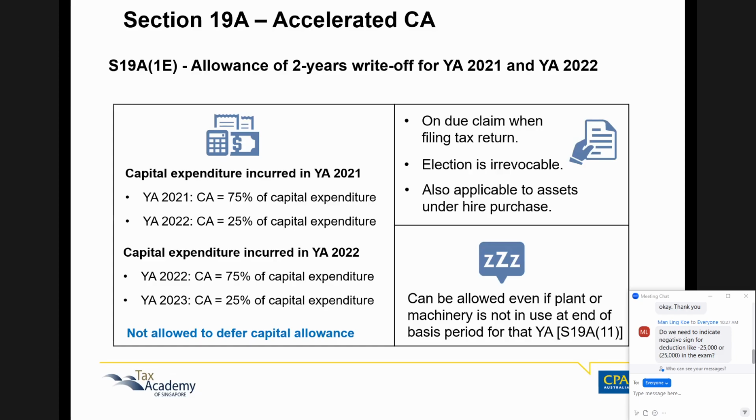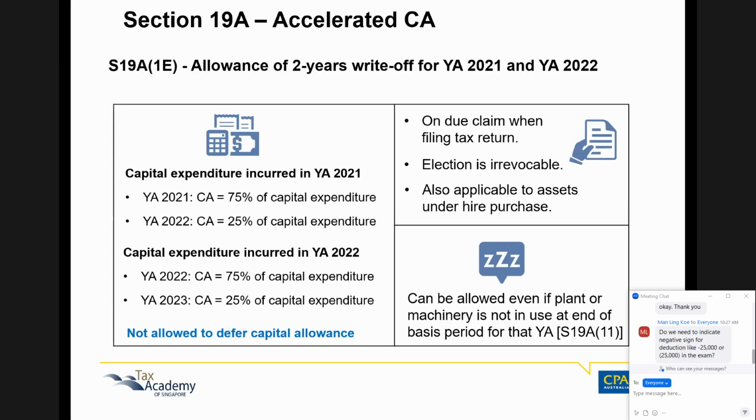In the exam you'll be required to do accelerated. If your expenditure is incurred within these years, you have to do accelerated. The fastest one where applicable will be 2 years. So you have to remember the formula is 75% for the first year and 25% for the second YA.